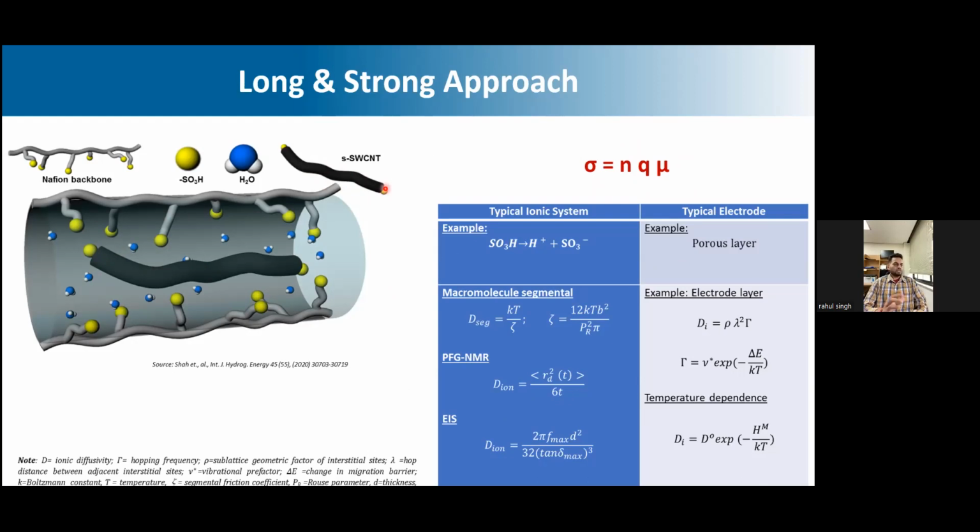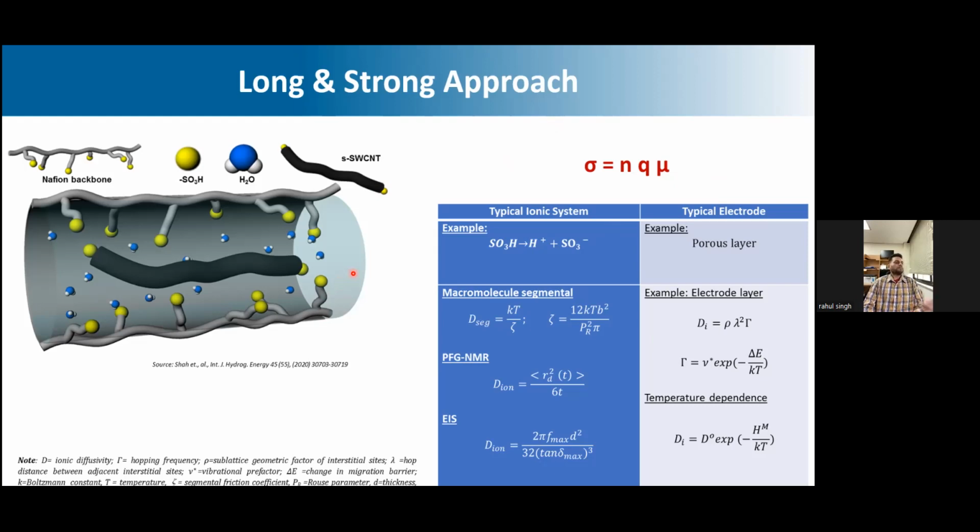Using this approach, one can easily understand what is happening inside any system.